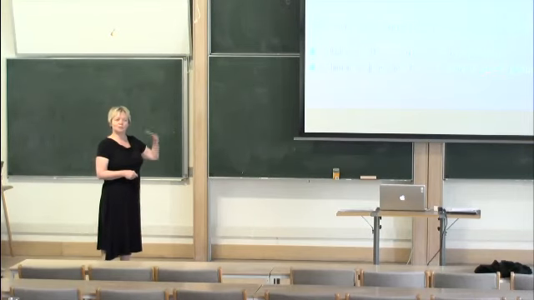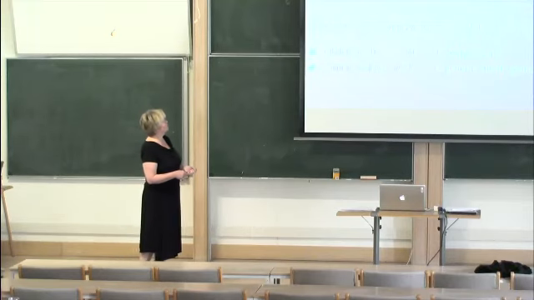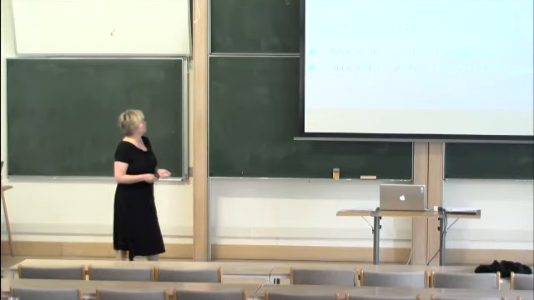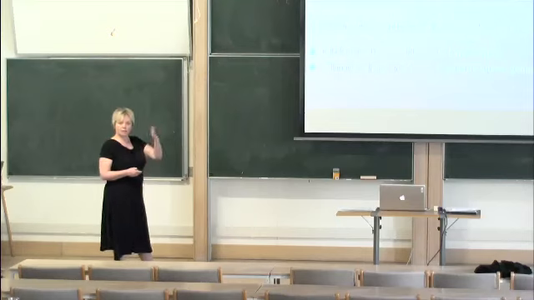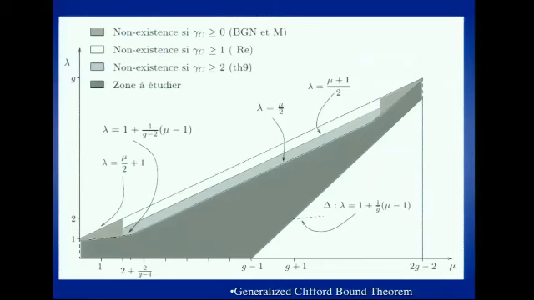So a lot of the curves that you would want to study are actually far away from the Clifford bound. So in order to produce bundles that are close to your bound, you have to consider some special bundles. That's what this says. So here you have a picture of the situation.